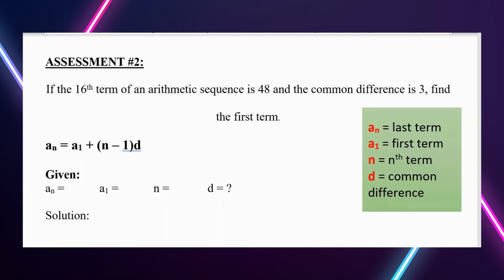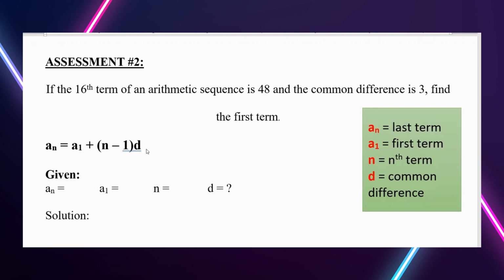Paano naman kung ang hinahanap ay ang a sub 1 o ang first term of the sequence, katulad na lang ng assessment number 2? If the 16th term of an arithmetic sequence is 48 and the common difference is 3, find the first term.